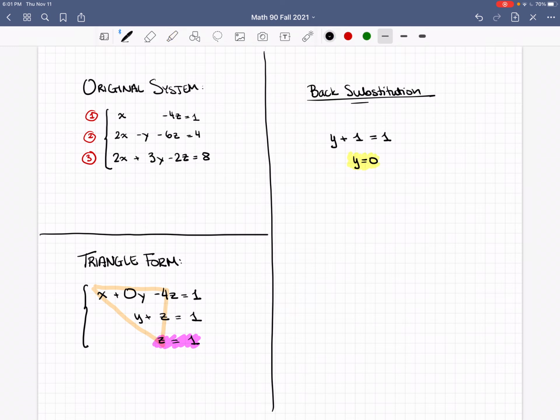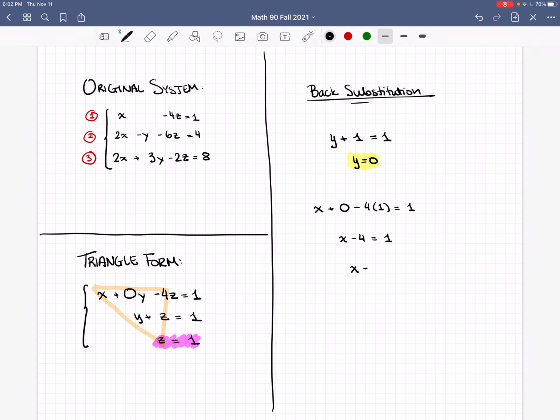And then finally, now that I have y and z, I can go to my first equation to get x. So I have x, I don't know x yet, plus 0y, y is 0 anyway, so that's just 0, minus 4 times z, which is 1, is equal to 1. So I have x minus 4 is equal to 1.